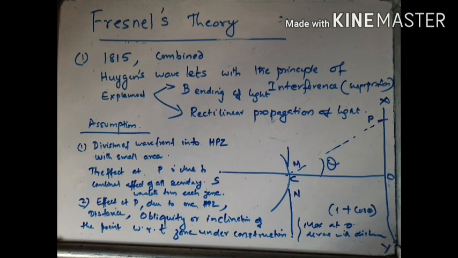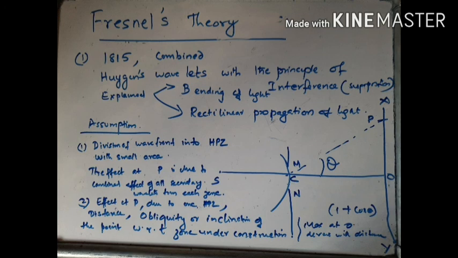The second assumption is that the effect at P due to each half period zone depends upon two factors. The first one is the distance between the point on the screen and the particular zone, as well as the obliquity or inclination of the point with respect to the zone under consideration.